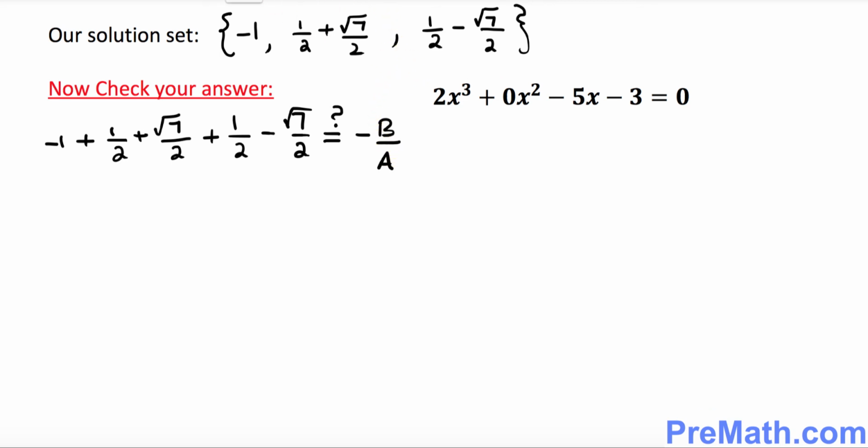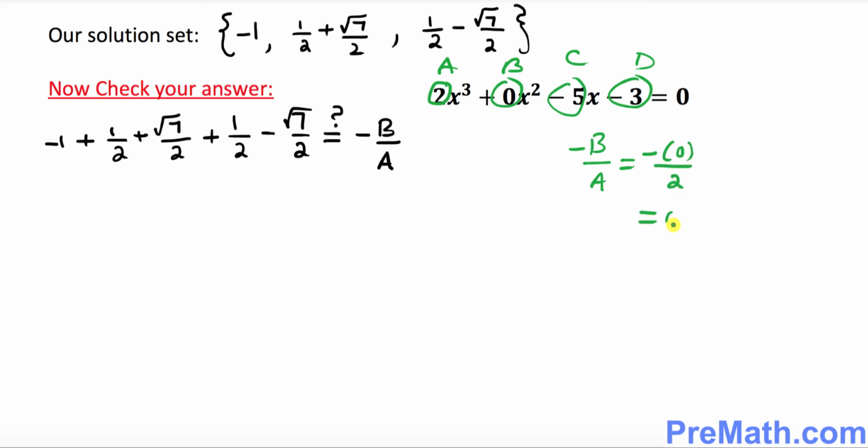Now you might be wondering, what is a and what is b? In our original given equation, 2 is our a, b is 0, c is -5, and d is -3. So that means minus b over a is going to be a negative, and b is 0, over a which is 2. So everything turns out to be 0. So one thing we figured out is that minus b over a is equal to 0.